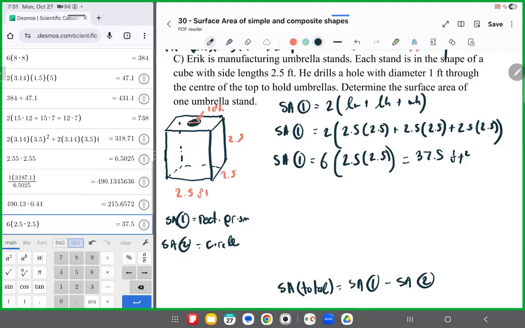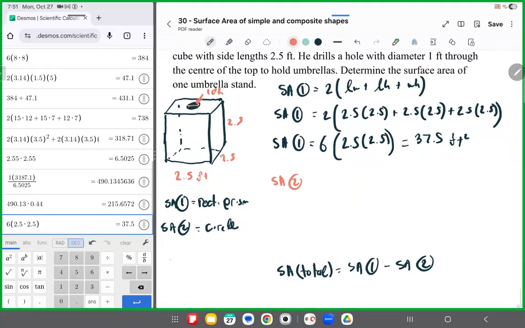Okay. Surface area of the hole. Now, they told us the diameter is 1. So if the diameter is 1, the radius will be equal to 1 divided by 2, which is 0.5. So that surface area is going to be pi r squared, which for us will be 3.14 times 0.5 squared.